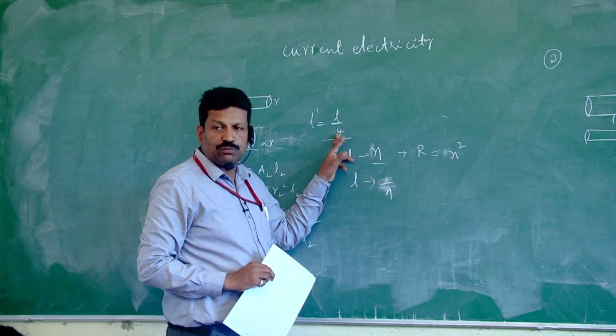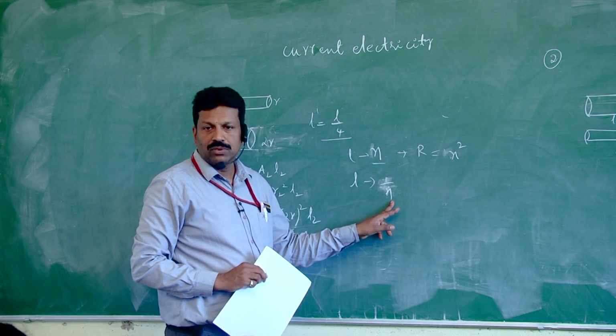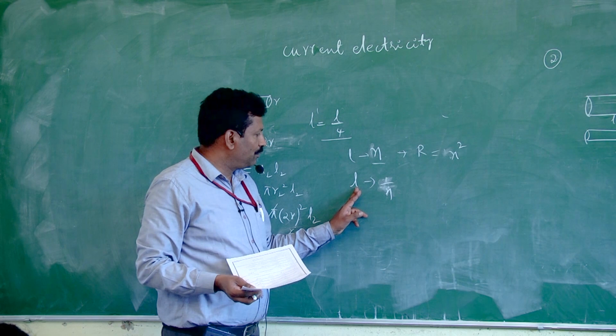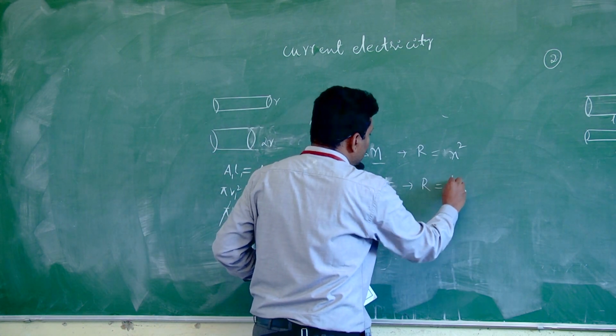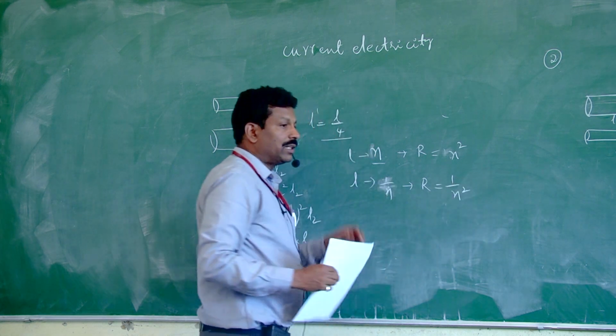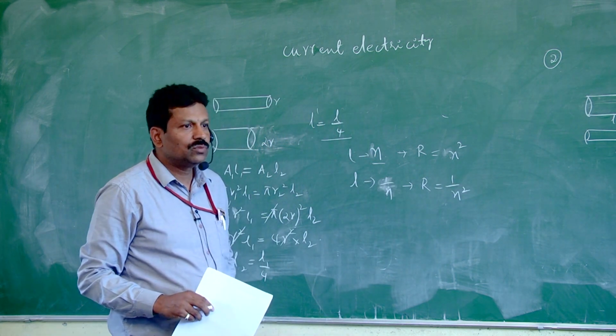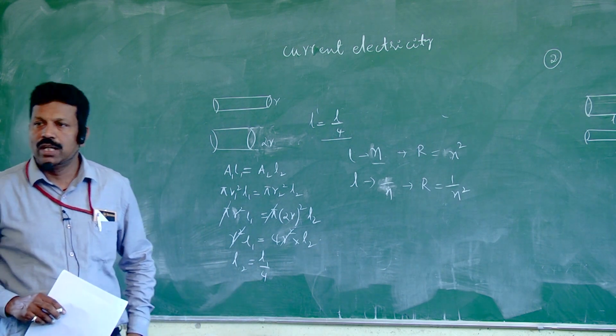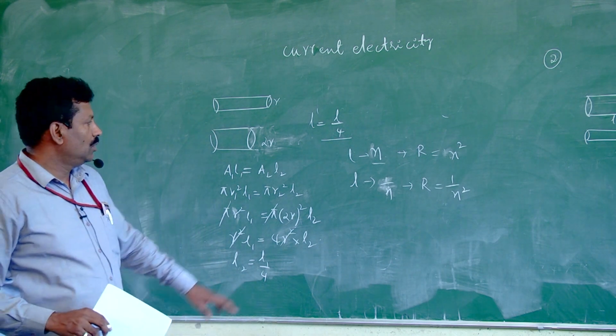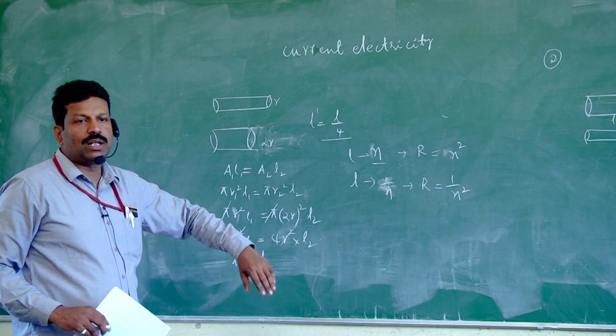Take it as n; here it is 4, but keep n for 2 times, 4 times, whatever. If the length decreases by n times, then the resistance decreases by n squared times. So it becomes 1/16. Are you clear? Understood? This is the other way around.